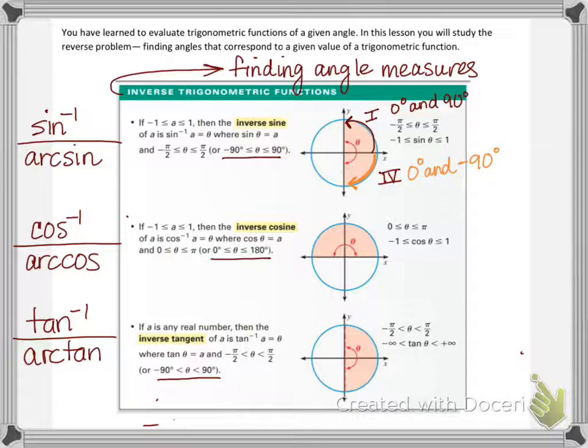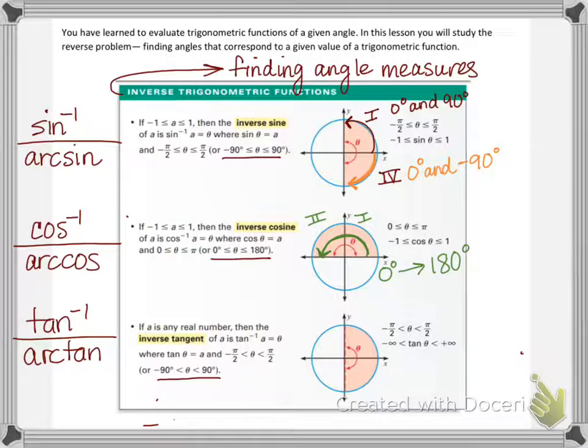When it comes to inverse cosine, your angles will always be in the first and the second quadrant, okay? First and second. And in these quadrants, your angles are always going to go from 0 all the way to 180 degrees.